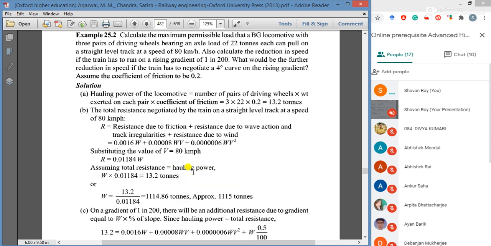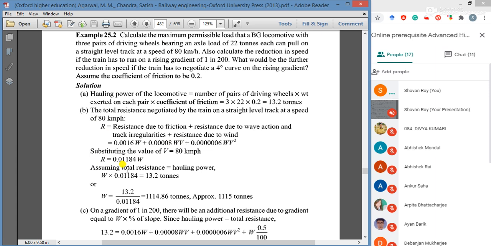Now substituting V, the velocity of the vehicle, as 80 km per hour, and putting V in these places, finally you will get R equals 0.01184 W, where W is the weight of the vehicle.